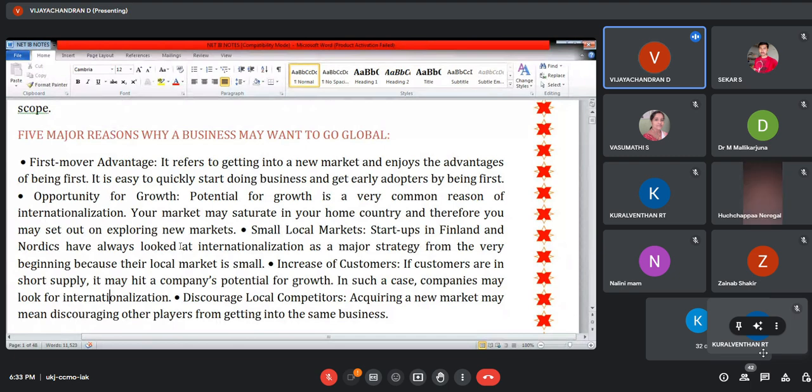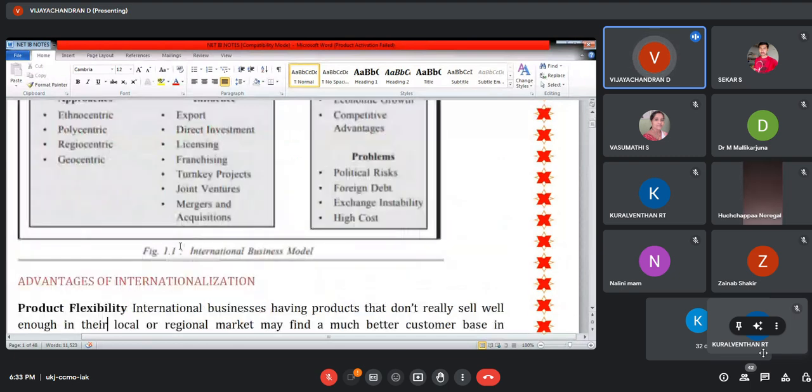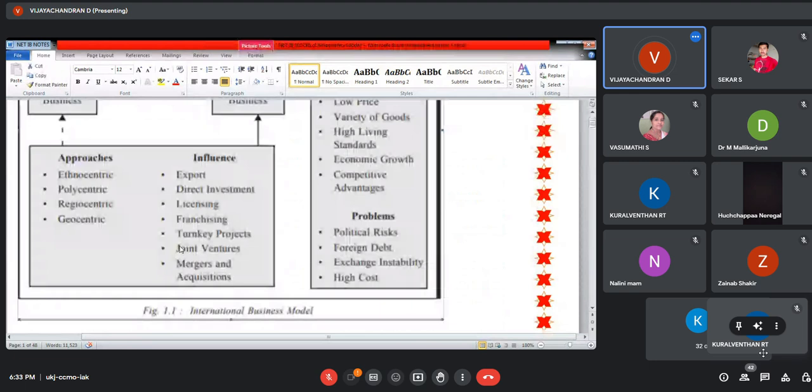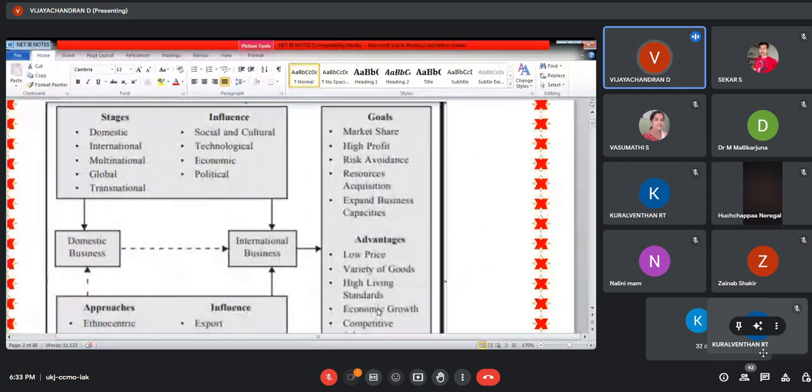Okay. Next, I'm moving on to what the stages are. What are the stages they will go through in international business? So first one is they will start the business in the local market, so the domestic market.